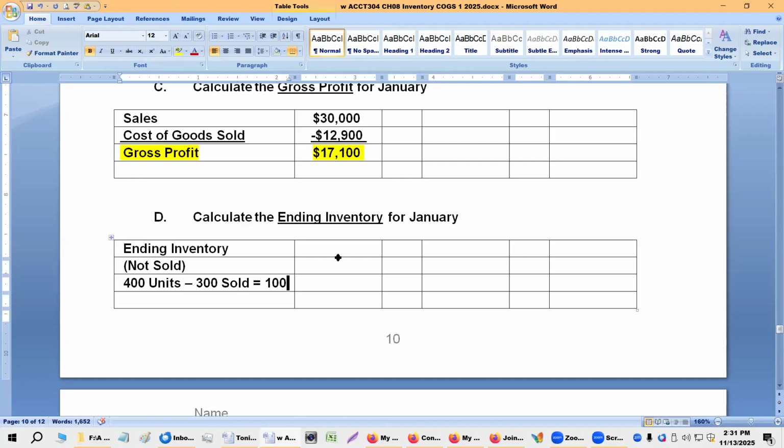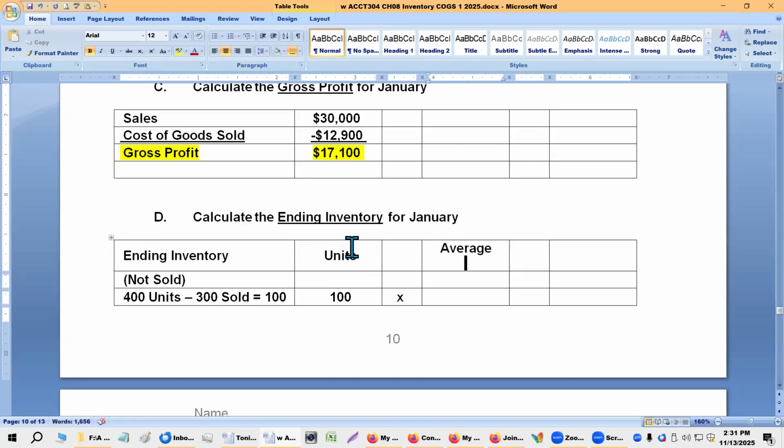Okay. So say 100 units. We'll put it down here. Oops, I'll do it.